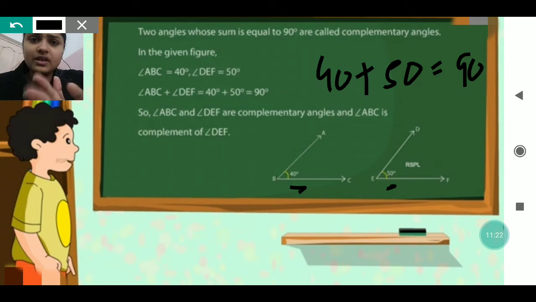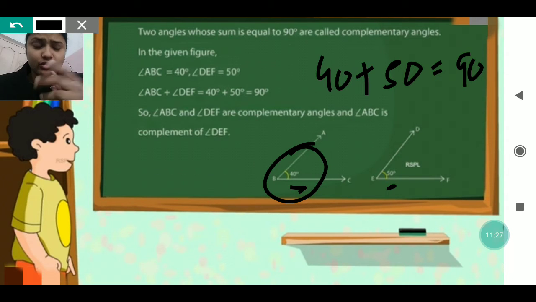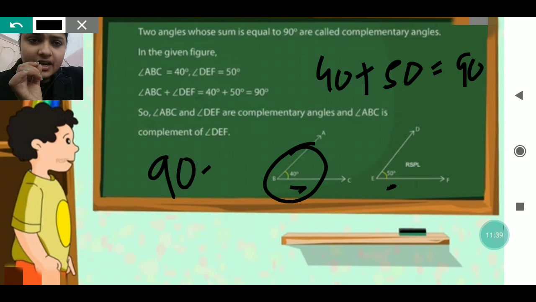So it is a complementary angle. Suppose only one angle, 40 degrees, is given, and it is written that you should find the complementary angle. You will do 90 minus 40, and simply you will get 50 degrees.